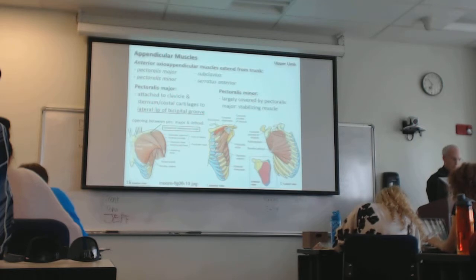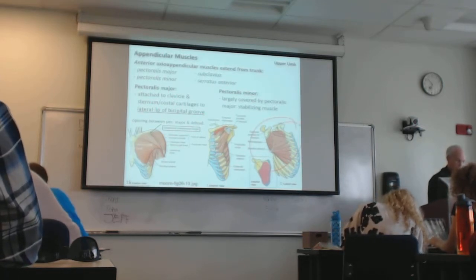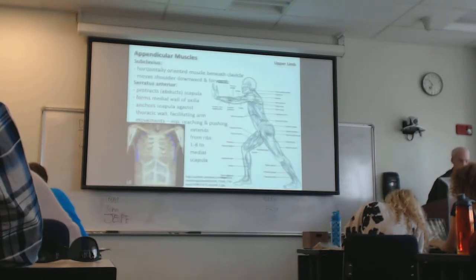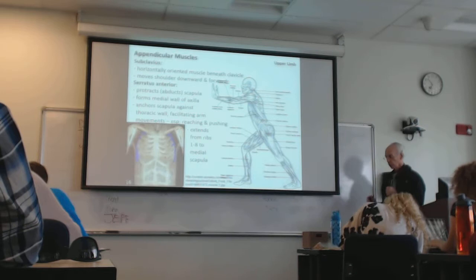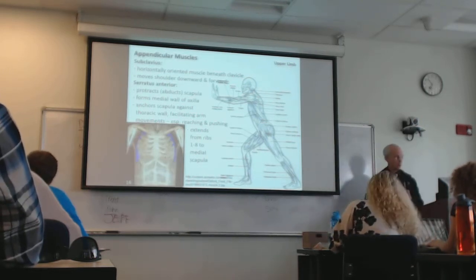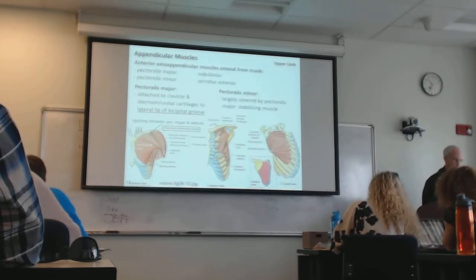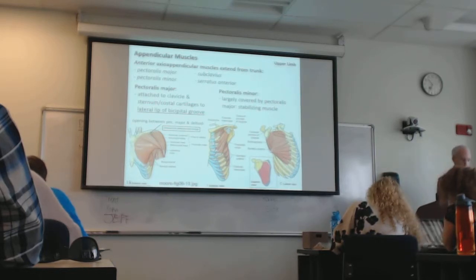And then finally, among these appendicular muscles, we have the serratus anterior over here on the right. And the serratus anterior is a very important muscle in the sort of protraction, stabilizes protraction of the scapula anteriorly. And we'll talk about some of the other important anatomical aspects of these muscles in just a moment.